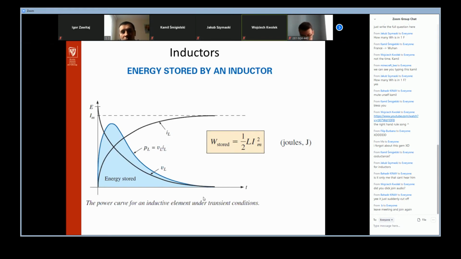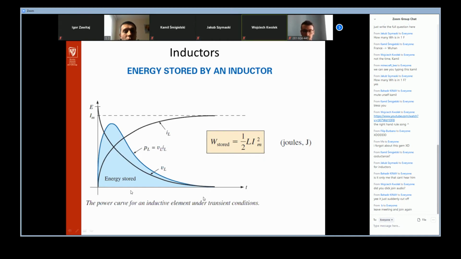So it is not possible to calculate any power on this ideal component, because if we have the maximum current with some value, the voltage is equal to 0. So the power is also equal to 0, because it is the multiplication of V and I.